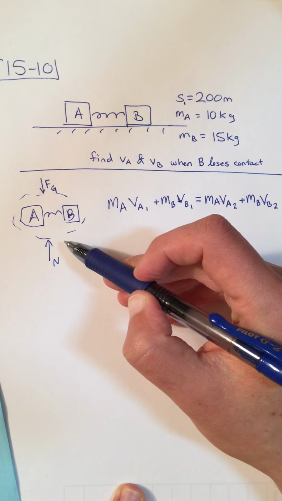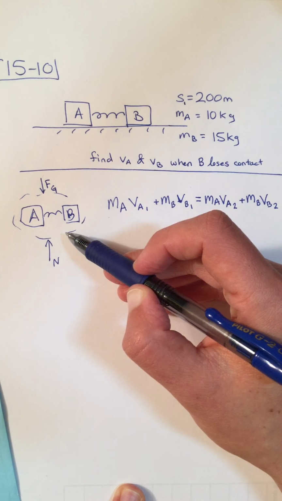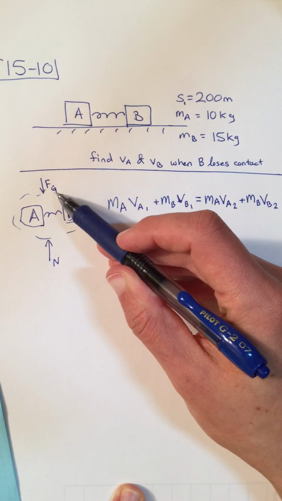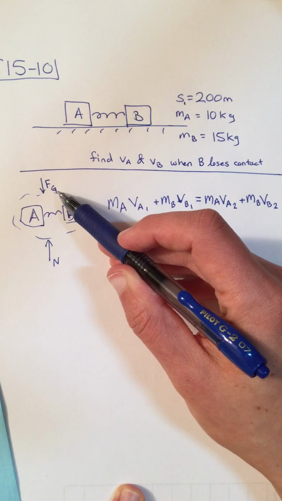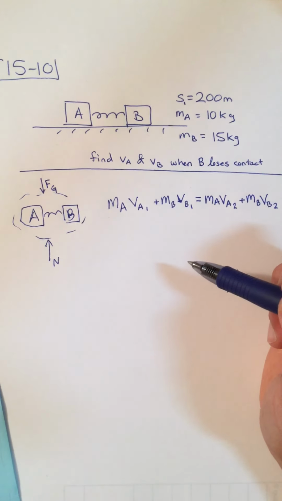The normal force is not doing any work since the blocks are moving perpendicularly to the normal force. Instead of using the force of gravity, we would do the gravitational potential energy, but since the surface is level, the change in gravitational potential energy is 0.